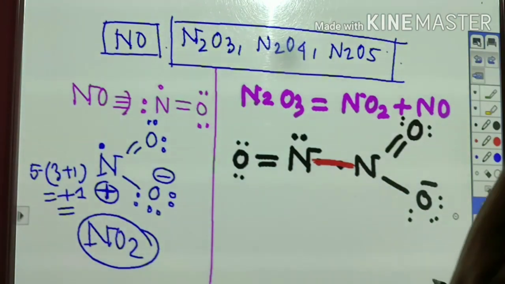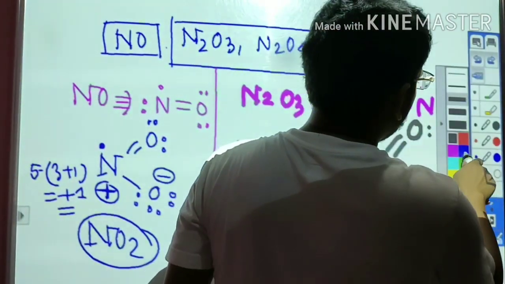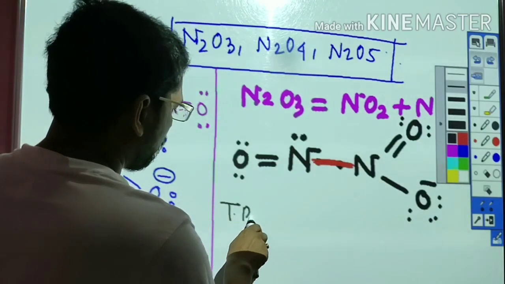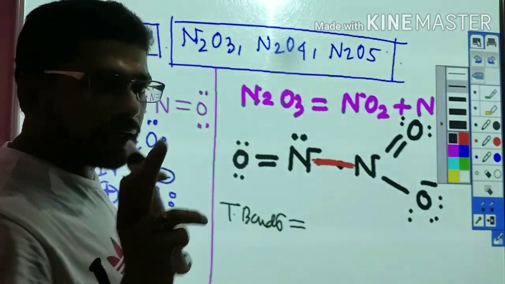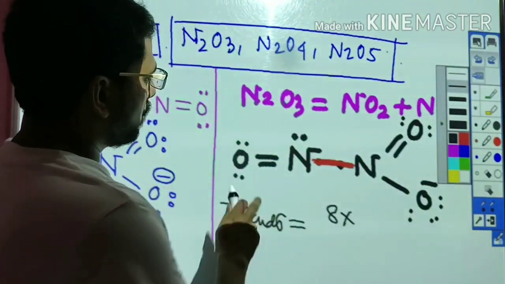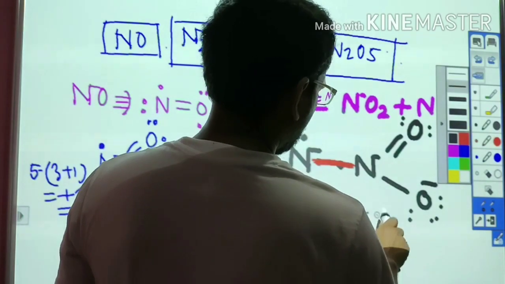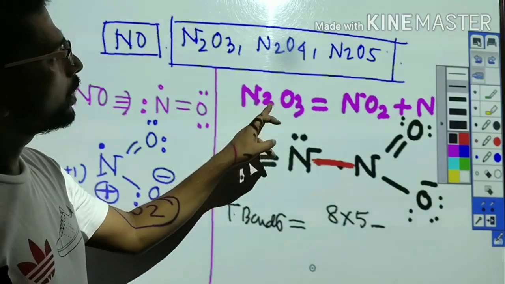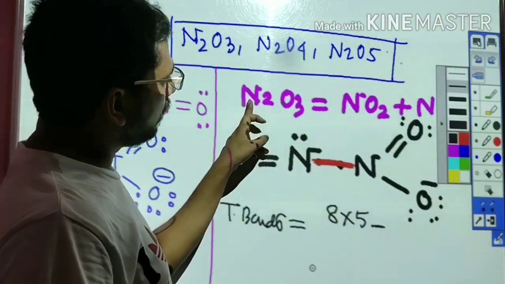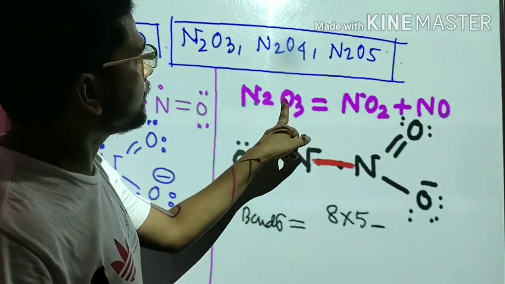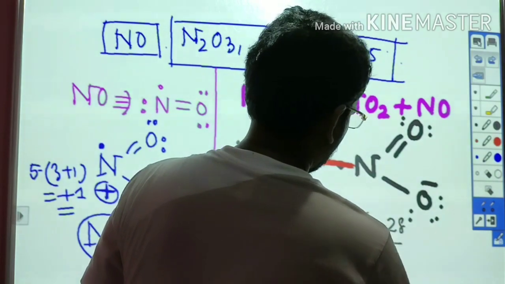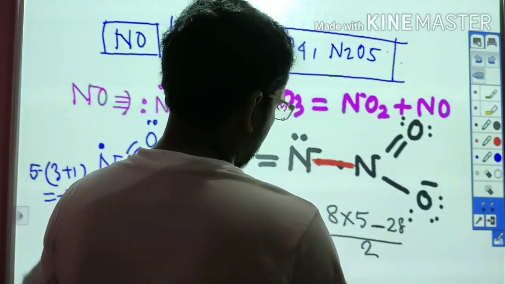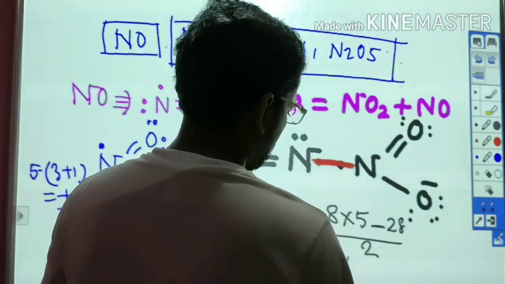Now see, whatever formula I told you, you can use it to count the total bonds. The formula is 8 multiplied by total atoms, 5, so 40, minus total valence electrons. Valence electrons: 2 fives, 10, plus 3 sixes, 18, so 28. So 40 minus 28 is 12, divided by 2, so 6.